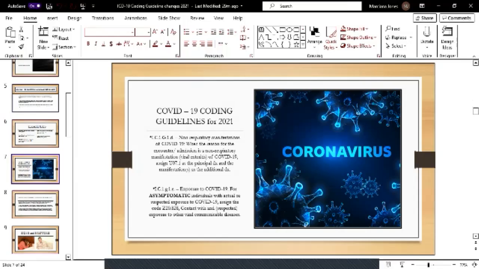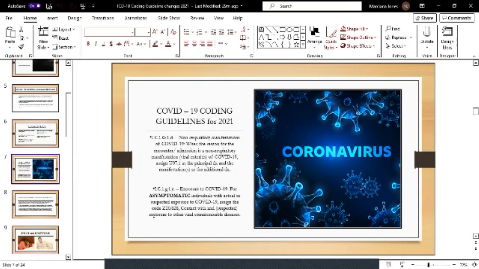So more COVID-19 coding guidelines for 2021. As you see here, section I.C.1.g.1.d, I've listed the section. Non-respiratory manifestations of COVID-19.